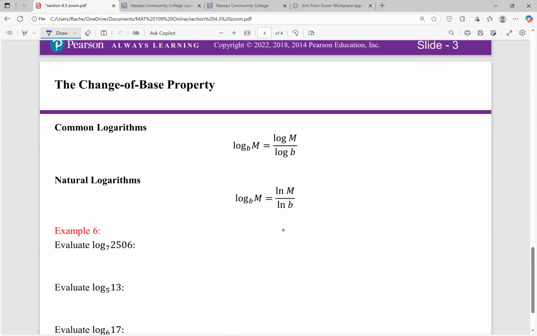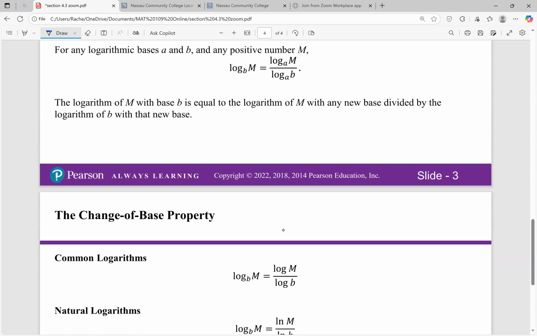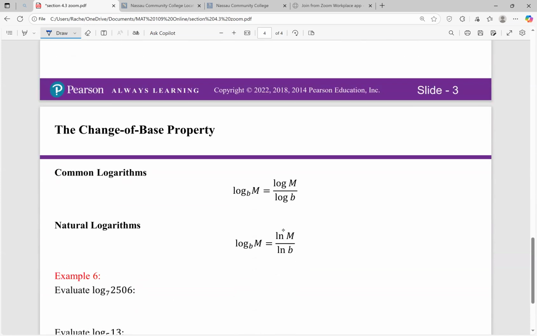For the common log, a is just 10. So log base b of m is equal to the log of m divided by the log of b. If we're talking natural logs, the log base b of m is going to be the natural log of m divided by the natural log of b.